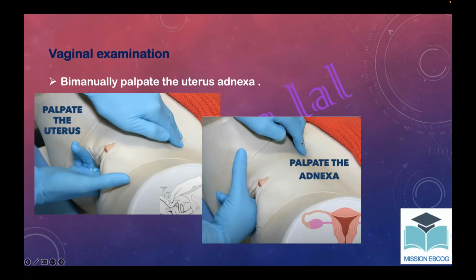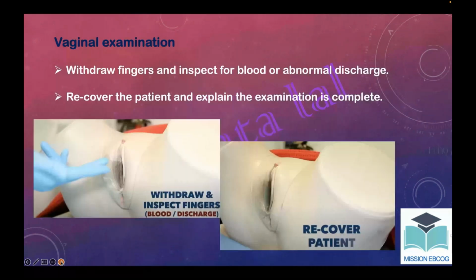Now we are doing this PV in one minute, but when it comes to speaking, you have to follow all the basic things. After the palpation is done, you withdraw your fingers. Whenever you withdraw your fingers, always inspect whether any blood or normal discharge is there on your fingers.